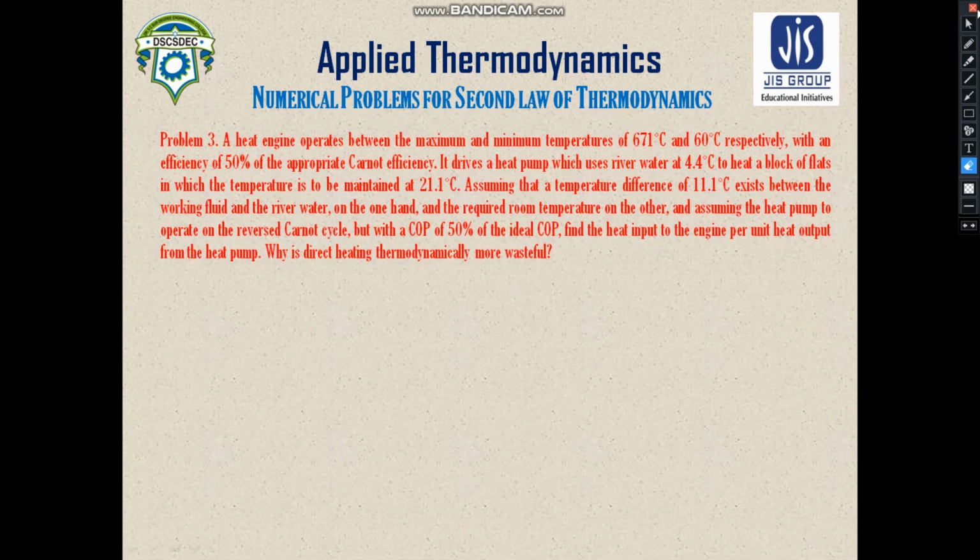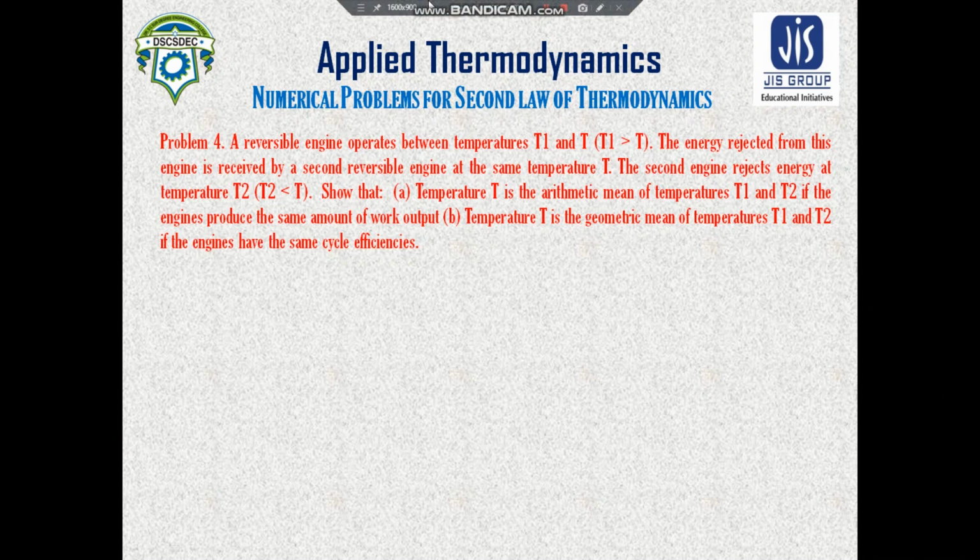So for the next one, let us see what is the problem written over there. Okay, so here we can see a reversible engine operates between temperatures T1 and T. The energy rejected from this engine is received by a second reversible engine at the same temperature T. The second engine rejects energy at temperature T2.